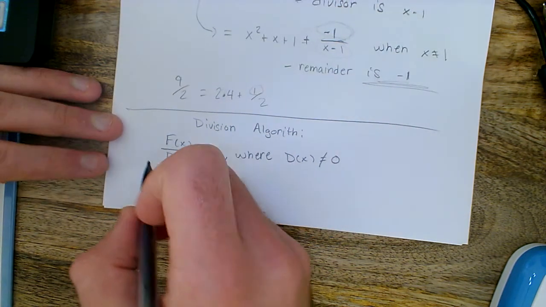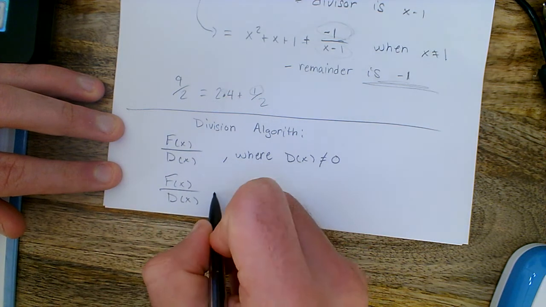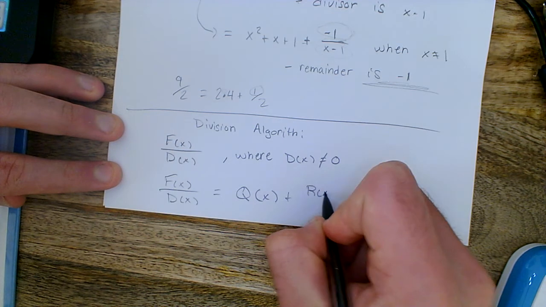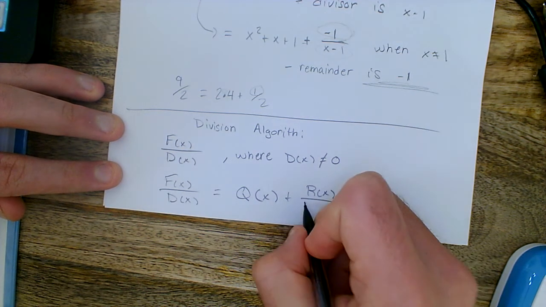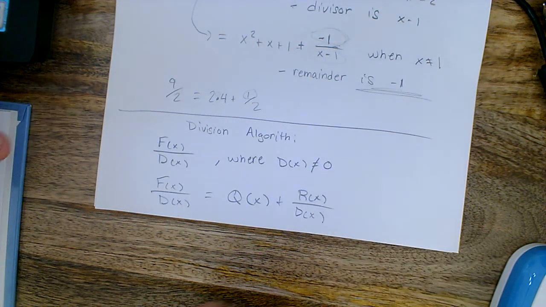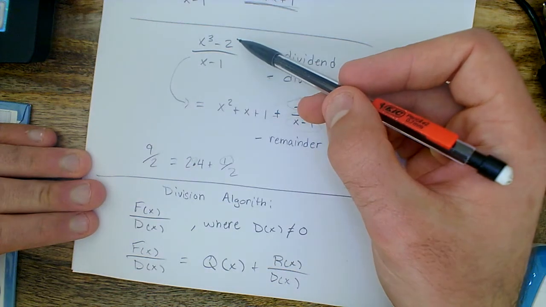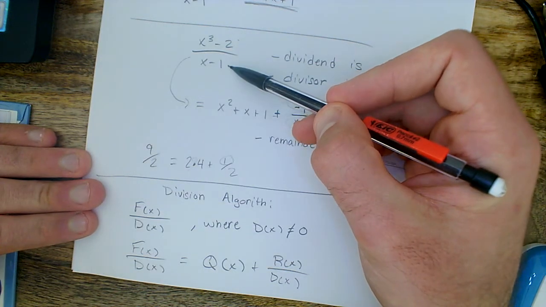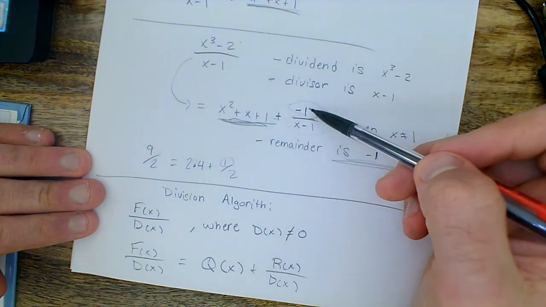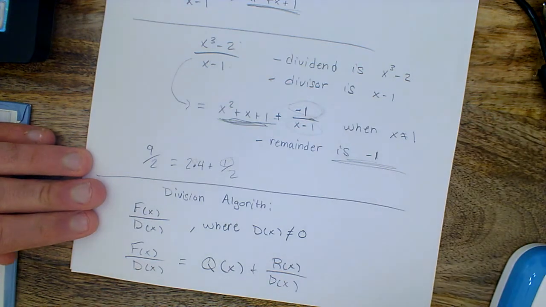Then we can write f of x over d of x equal to another polynomial q of x plus r of x over d of x. So like in this example up here, this would be f of x divided by d of x, and then it equals this polynomial q of x, plus a polynomial, negative 1. It's just a very simple polynomial, negative 1 over our divisor here.